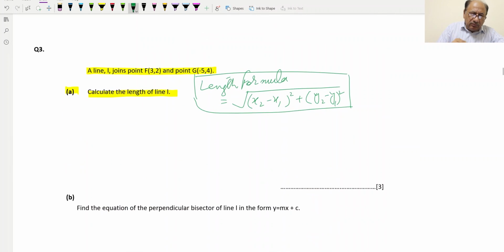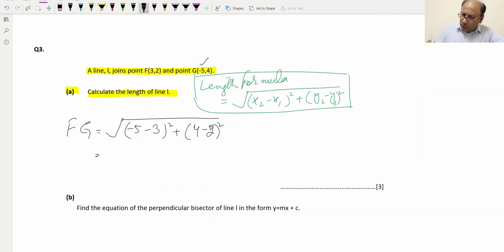We can write FG is equal to, we will be replacing values, so FG is equal to x2 minus x1, so we can take this as x2 minus 5 and minus 3 squared plus y2, which is 4 minus 2, and this will be squared, and we can use the calculator.